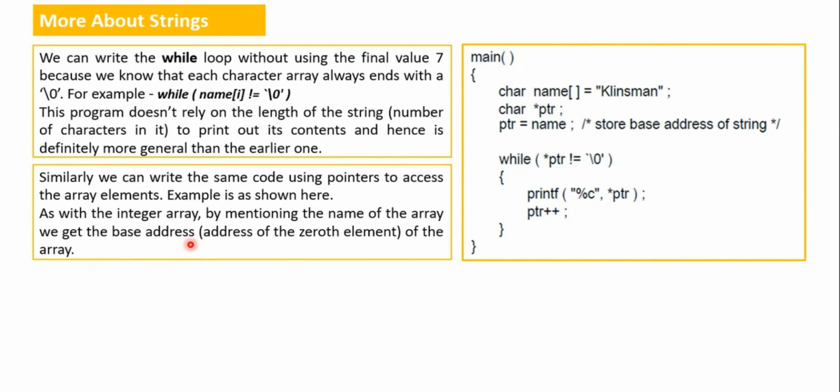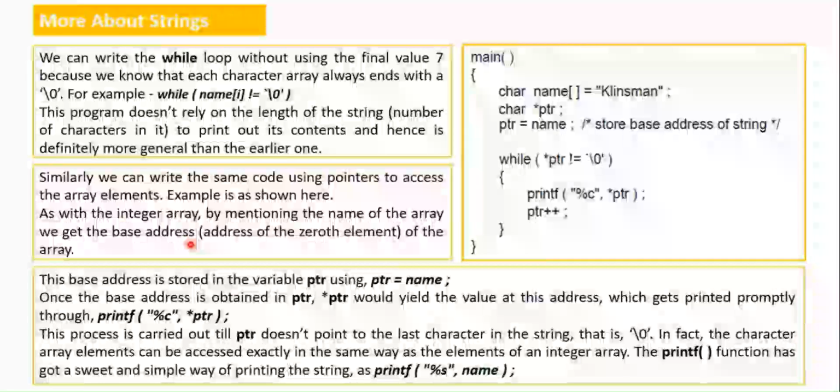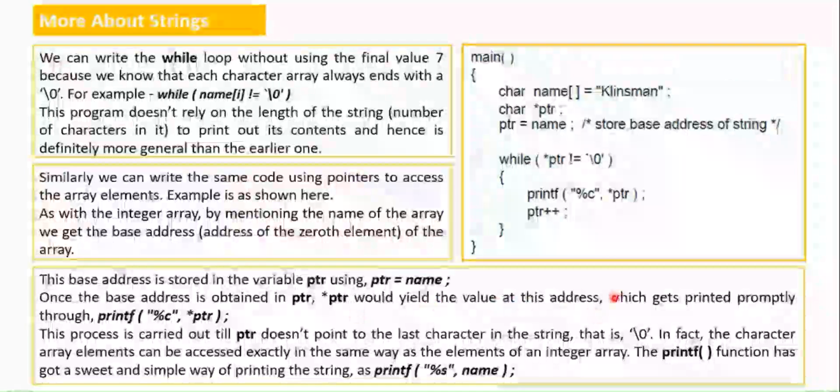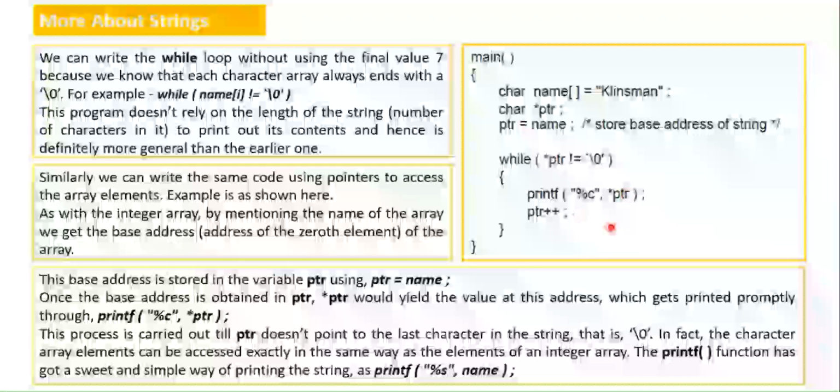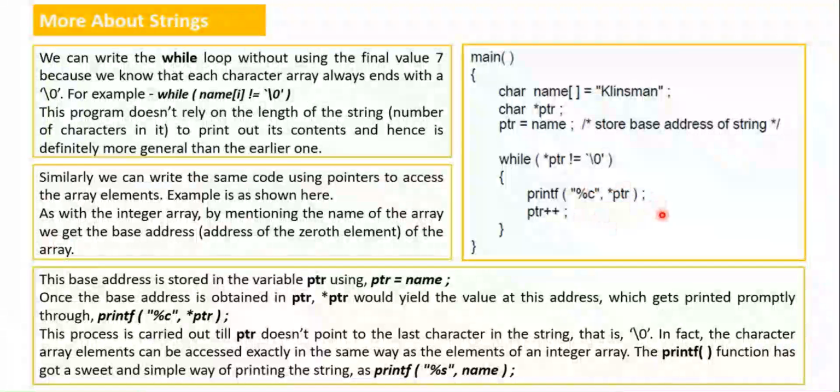The same is true here. The base address is stored in the variable ptr using the line ptr equal to name. Once the base address is obtained in ptr, the value-at-address operator on ptr yields the value at this address, which gets printed through printf %c. Here %c is the format specifier for the character data type, and we have the pointer ptr with the value-at operator. This process is carried out until ptr points to the last character in the string, that is \0.